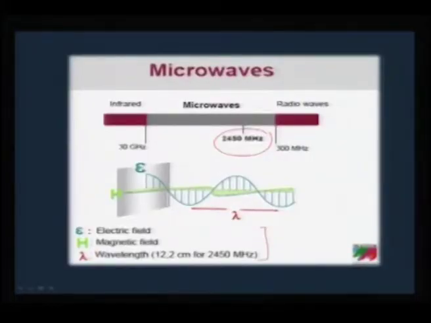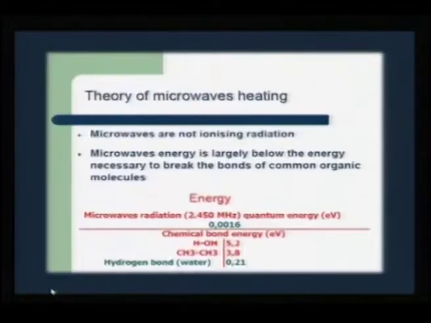So, either way, when electromagnetic radiation is interacting with molecules or materials, there will be some response of different order. So, that way we will be actually using the electrical vector of the microwave radiation to interact with matter, and we would see in the next few slides what governs this interaction.